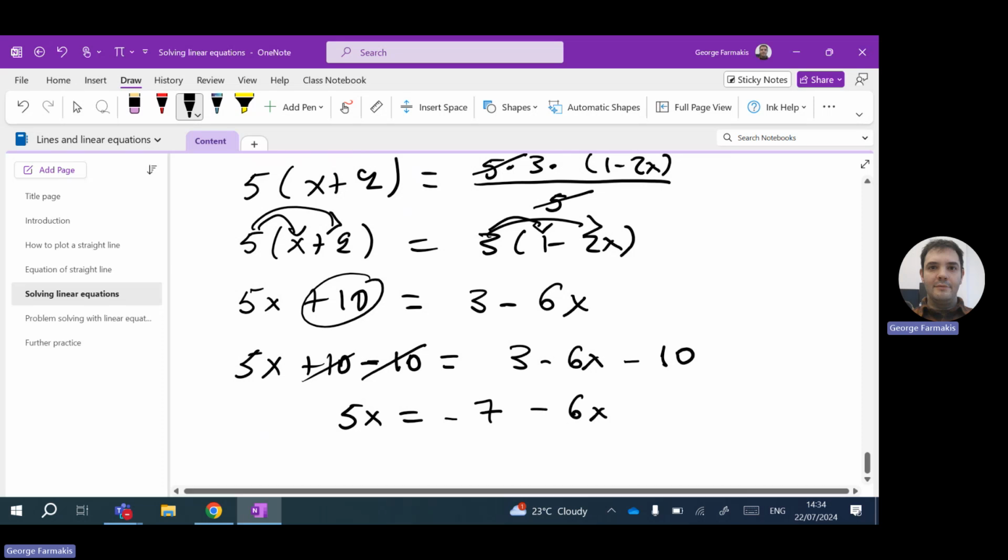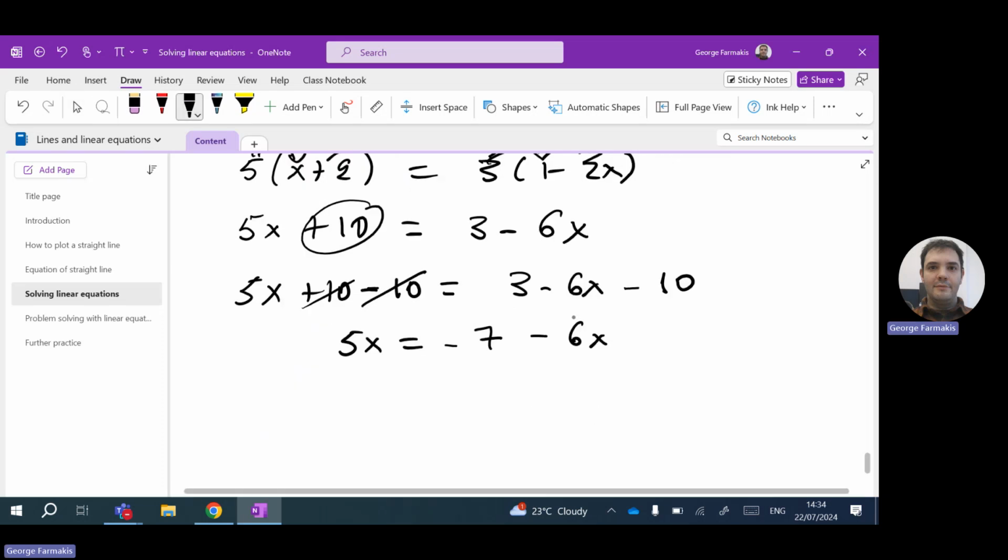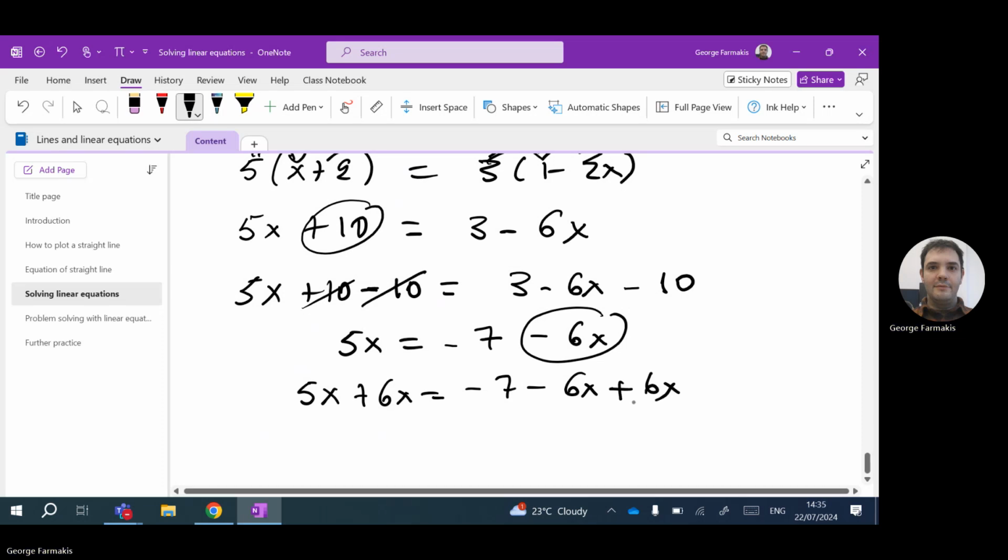Minus 6x. We want to get rid of the minus 6x, so we add 6x to both sides. Minus 7. These now cancel. 11x equals minus 7.